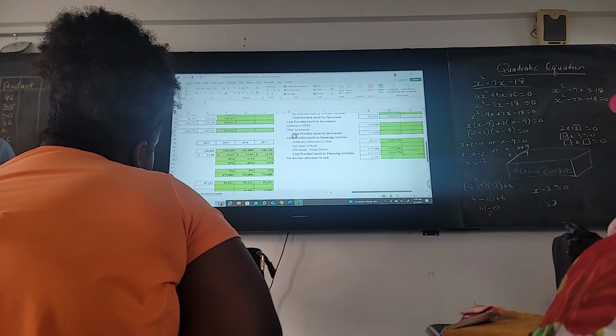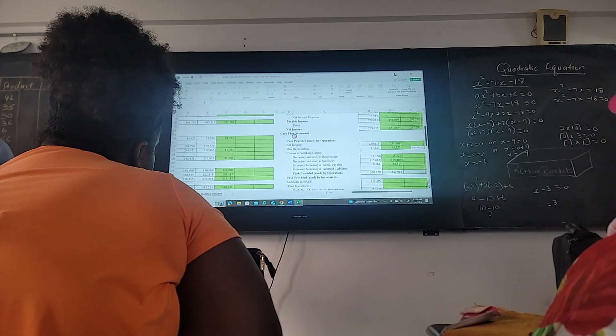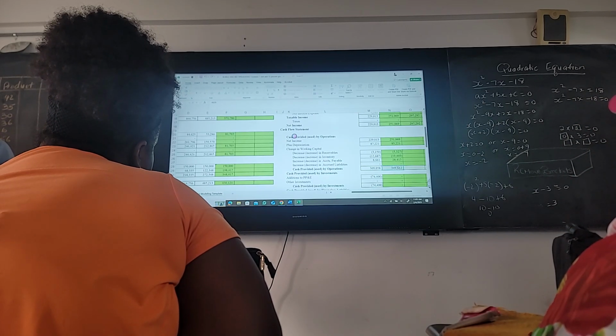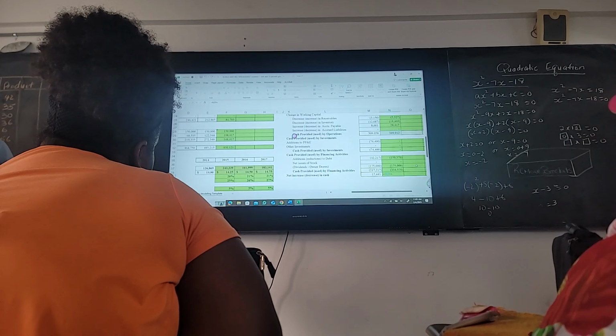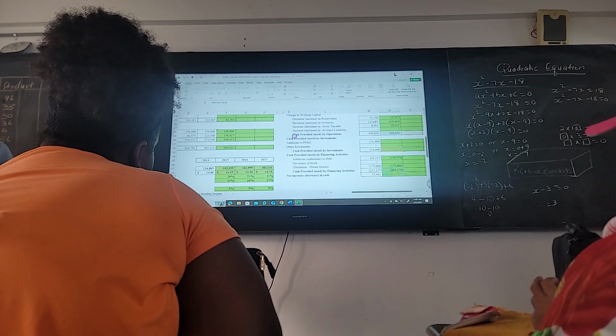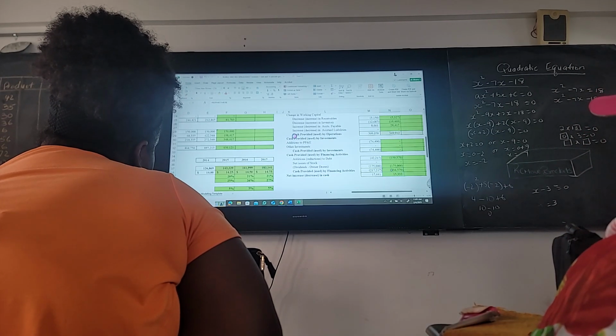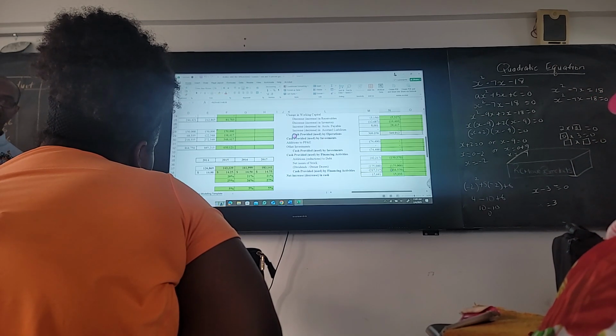So what's my change in cash? It's cash from operations plus that. So my cash balance is supposed to have gone up by 15,133. Everybody following that?